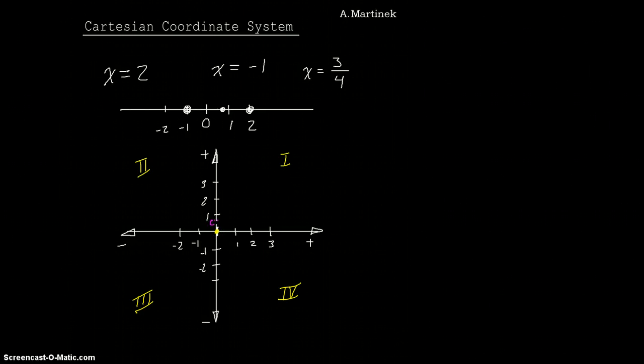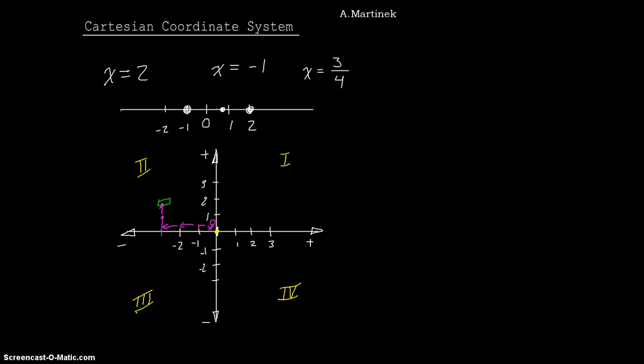So you start walking to the left. 1 desk, 2 desks, and 3 desks. There would be a 3 here. And then I say, okay, now go 2 desks up. So you'd go 1, 2, and your desk would be located right here. Right? At this location, 3 to the left, 2 up.